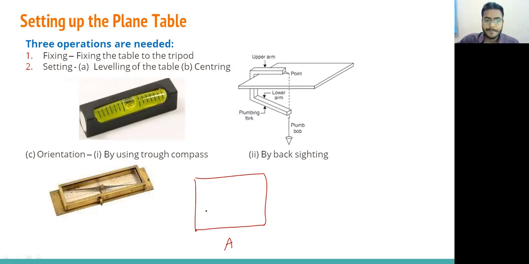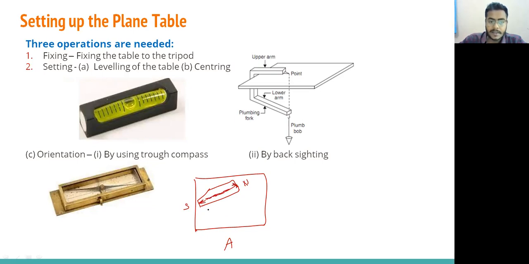This is a drawing sheet. We kept a trough compass here, and we have placed it like that. Its needle is towards south and north, suppose this is south, this is north.